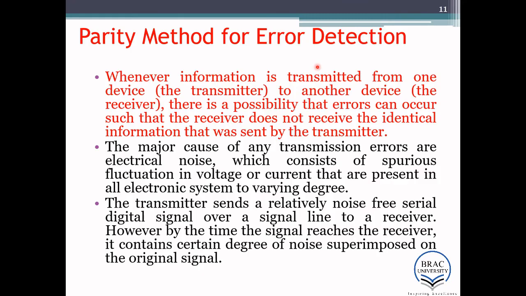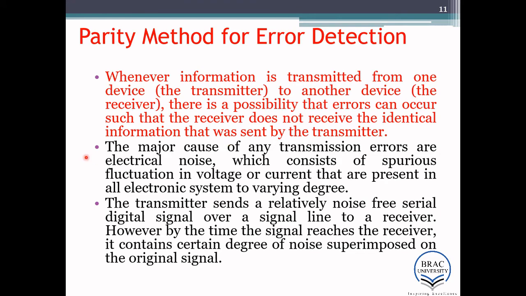Parity method for error detection. Whenever information is transmitted from one device to another device, the receiver, there is a possibility that errors can occur such that the receiver doesn't receive the identical information that was sent by the transmitter.